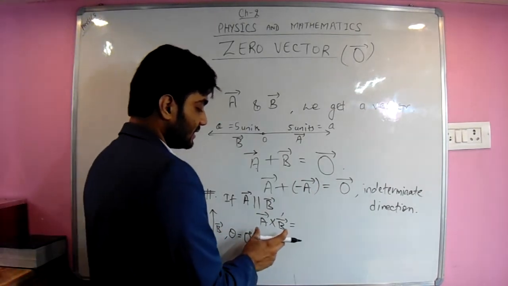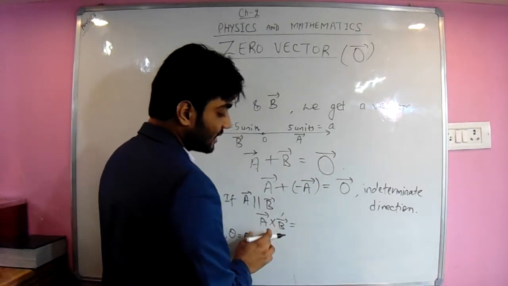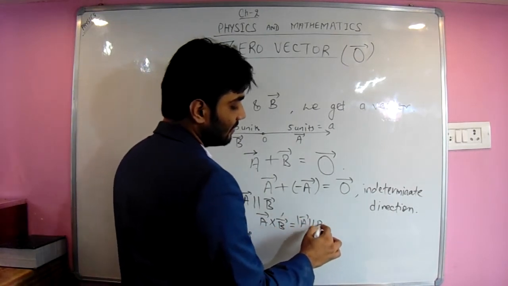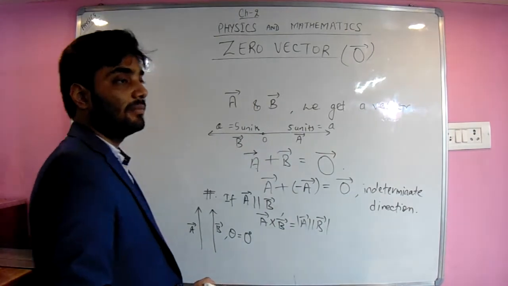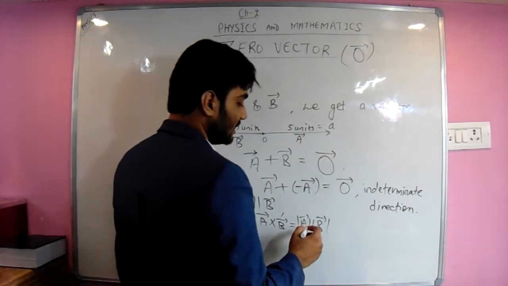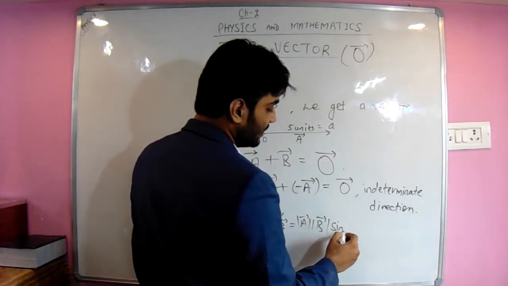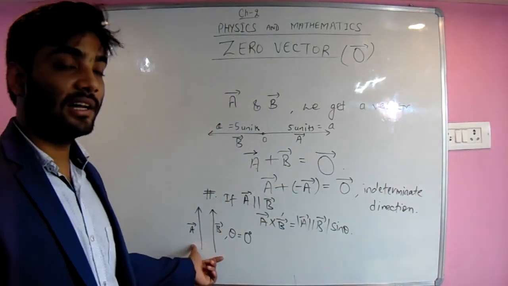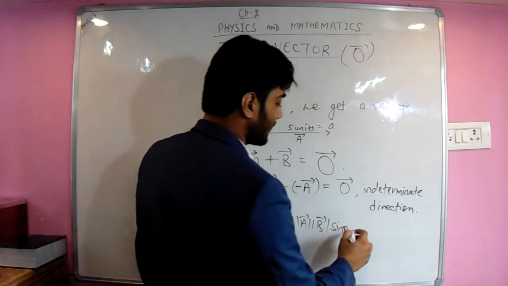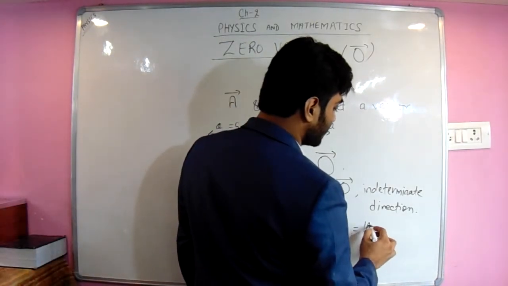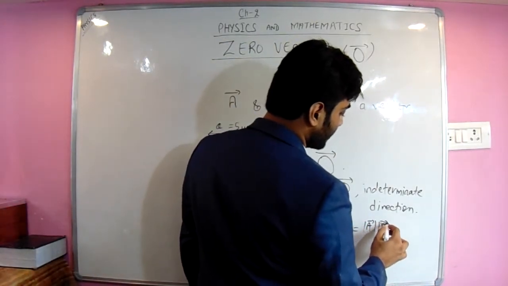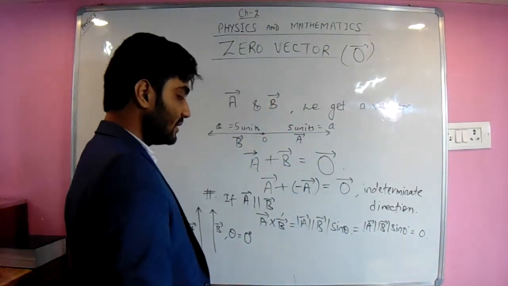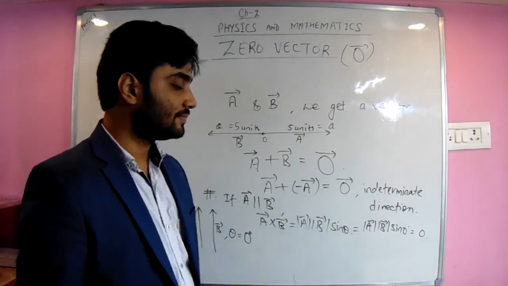A vector cross B vector is equal to the product of A vector magnitude and B vector magnitude into sine theta, where theta is the angle between the vectors, and the angle between the vectors is 0 degrees. So what is sine 0 degrees? Sine 0 is 0.